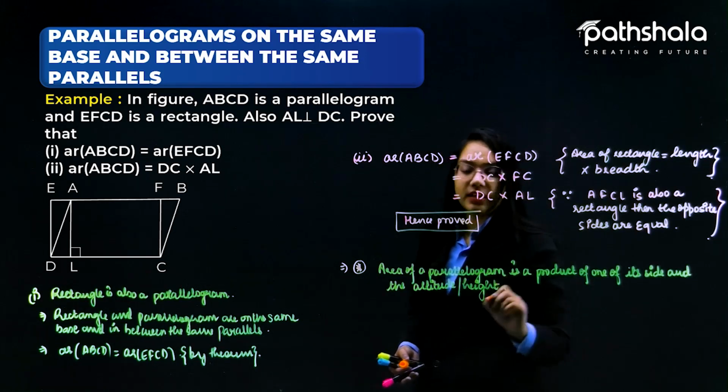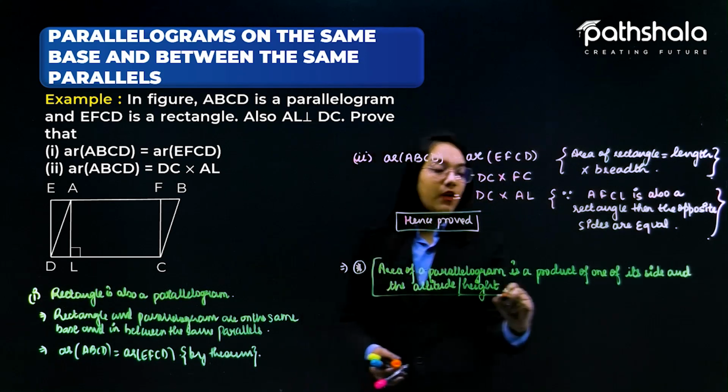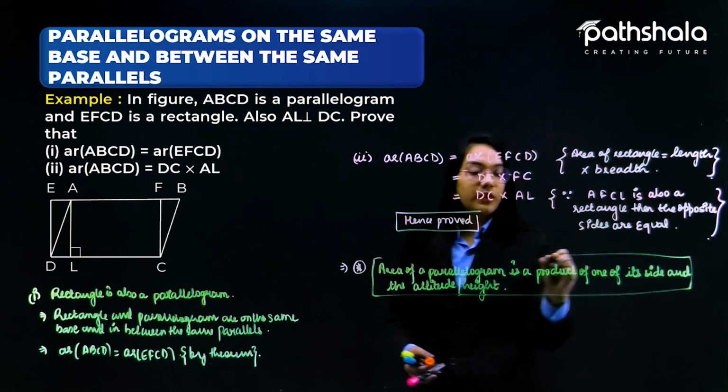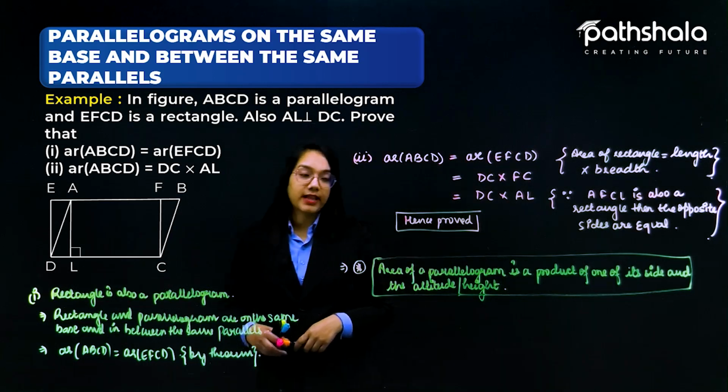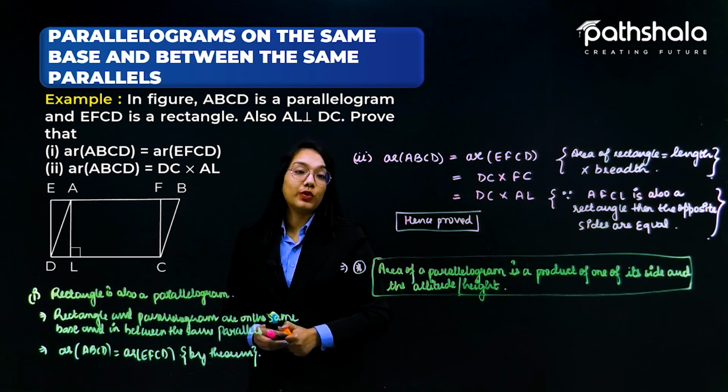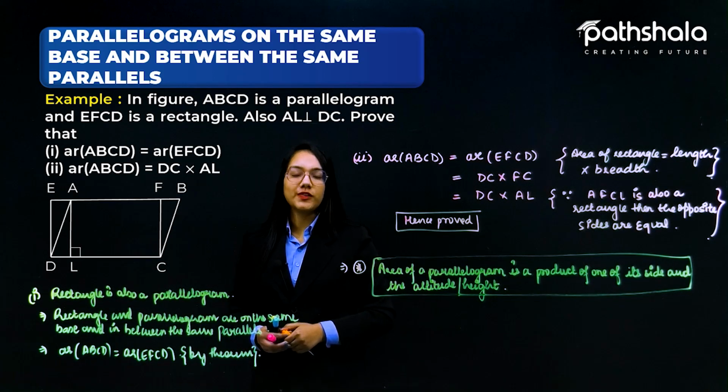So this is the concept that we have deduced from this particular example, that the area of a parallelogram is the product of one of its sides and the altitude or the height corresponding to it. So this is all about the example.